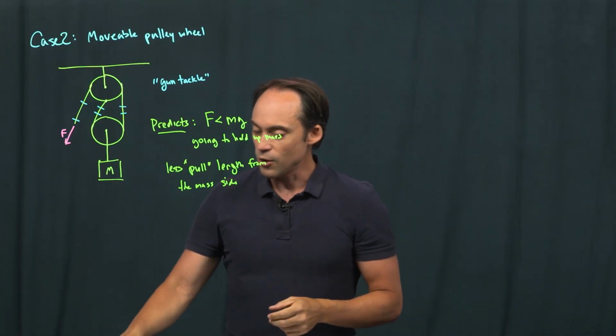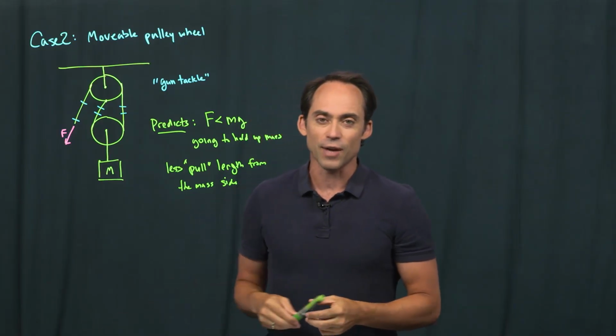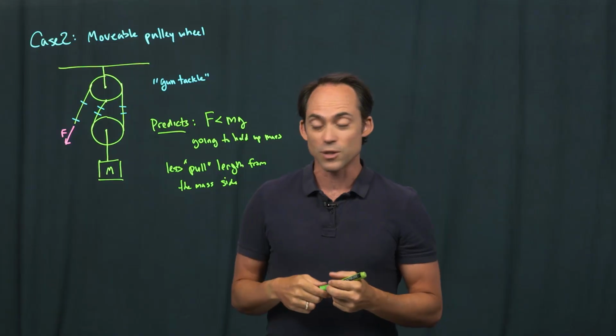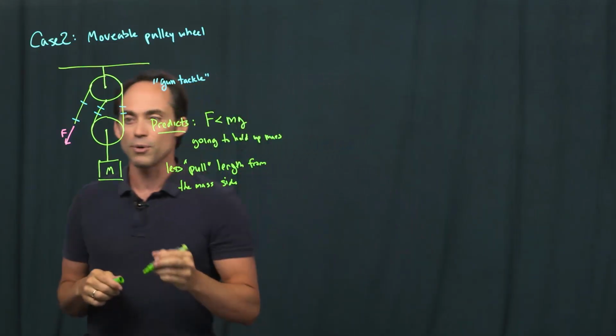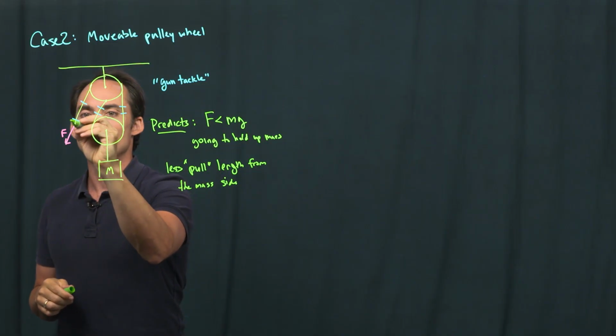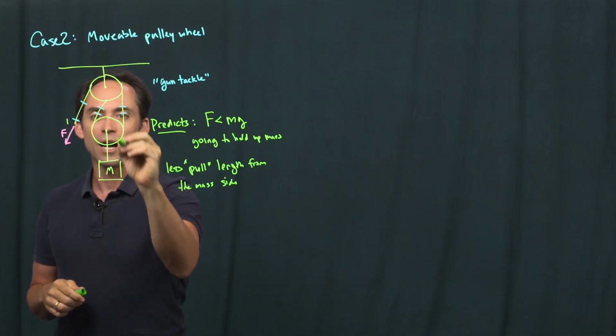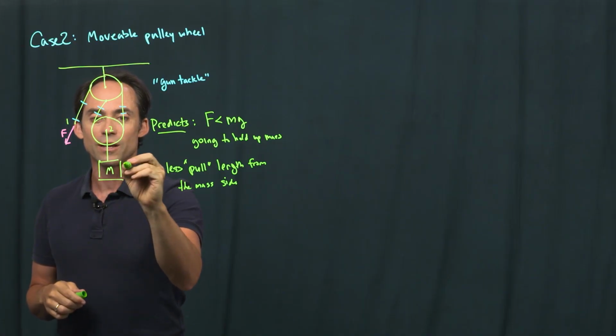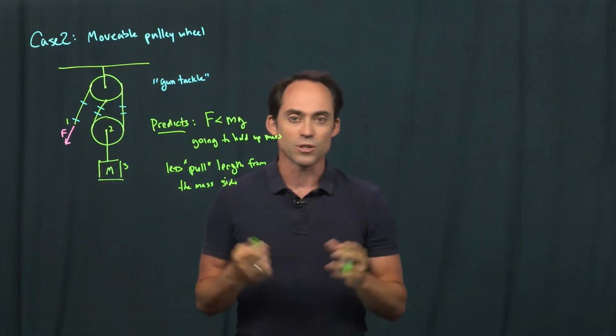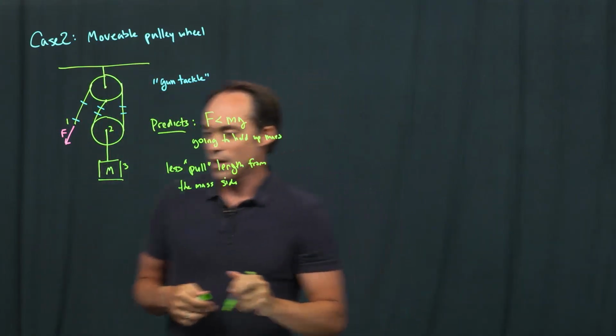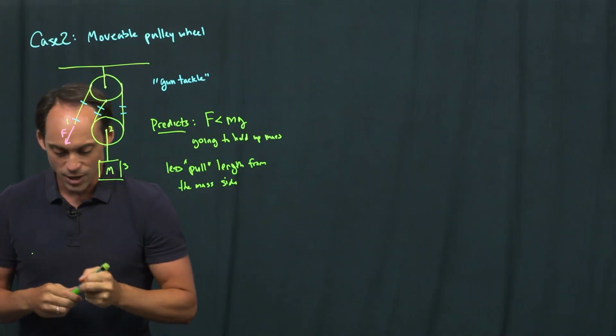All right, so in order to calculate what the exact mechanical advantage of the system is, let's go ahead and draw our force diagrams. We have 3 points that we want to consider: the point here where we're actually pulling, the pulley itself that's moving, and our mass, which is the thing we're actually interested in lifting up. So let's draw 3 force diagrams for each of these.